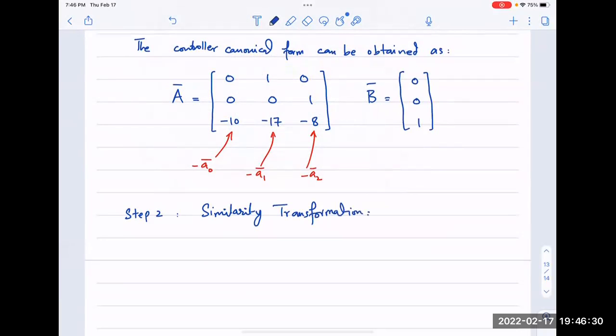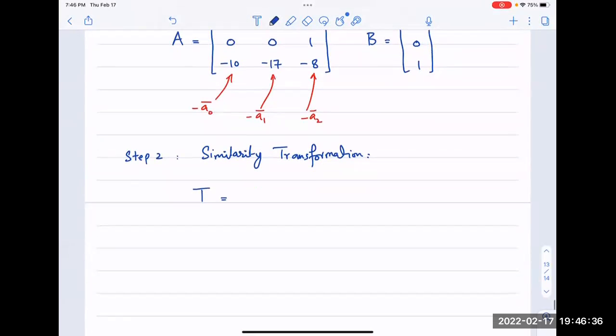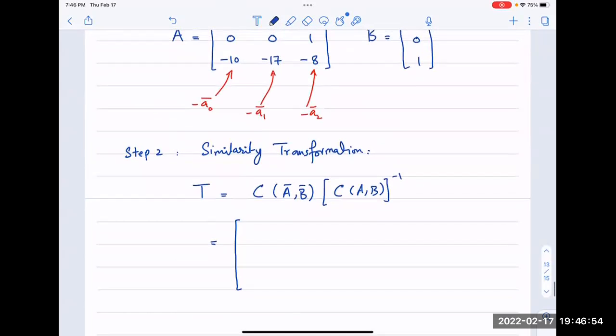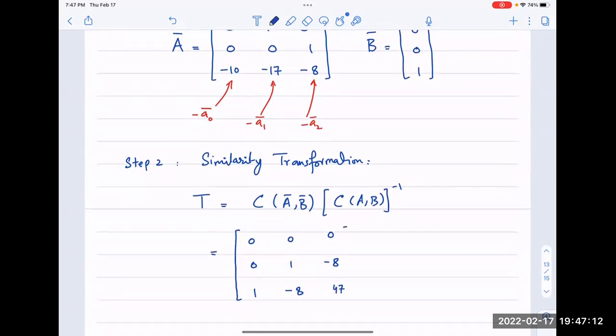So the similarity transformation had the formula T, which is the controllability matrix of A bar, B bar times the inverse of the controllability matrix of A, B. The A bar, B bar matrix can be written easily as 0, 1, 0; 0, 0, 1; and the last row is minus 10, minus 17, minus 8.